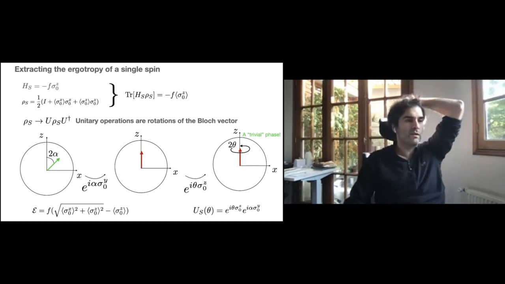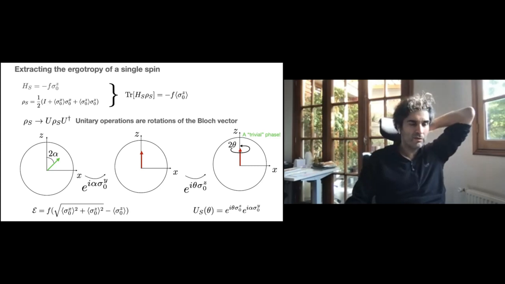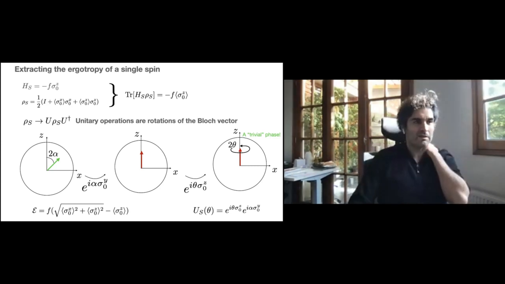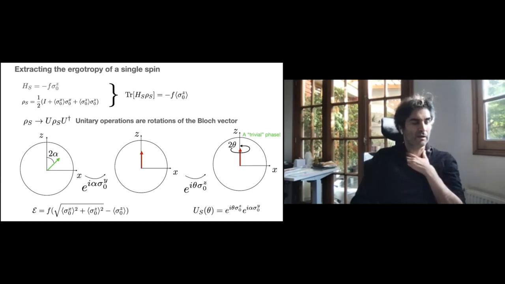So the unitary operator representing this rotation is given like this. And therefore, this is the family, parametrized by theta, of unitary operations that extract the ergotropy. So you see that the phase is really a trivial phase here for the battery.